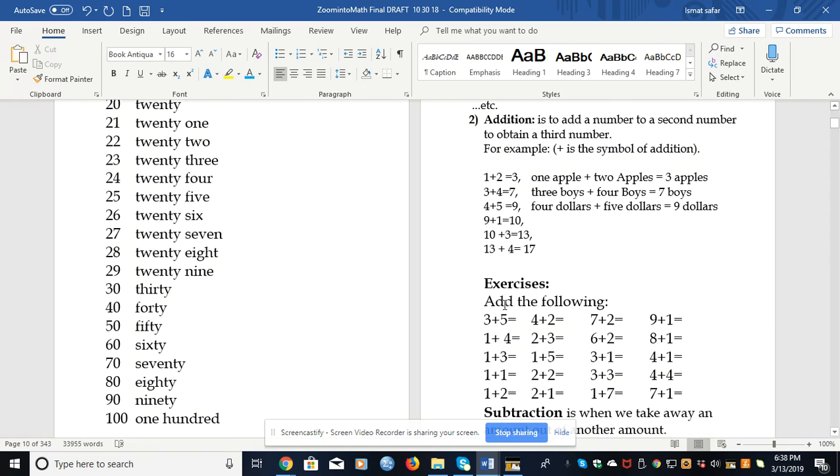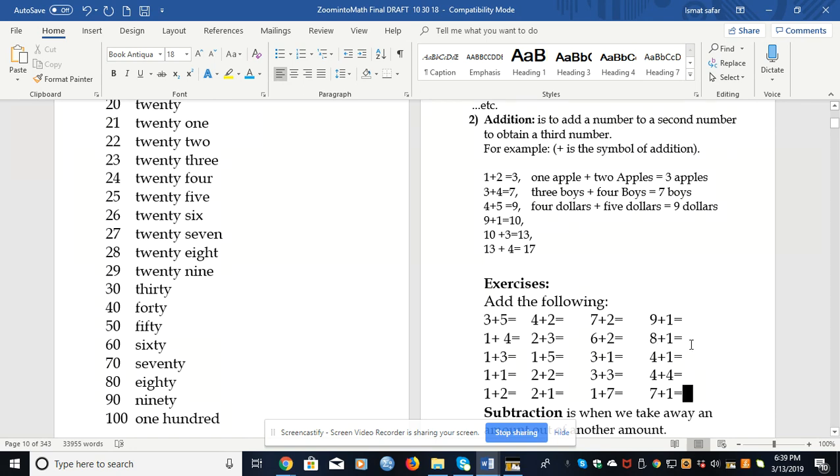So again, 3 plus 5 is 8, 4 plus 2 equals 6, 7 plus 2 equals 9, 9 plus 1 equals 10. 1 plus 4 equals 5. 2 plus 3 is again 5. 6 plus 2 equals 8. 8 plus 1 equals 9.